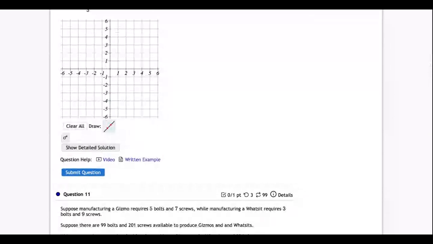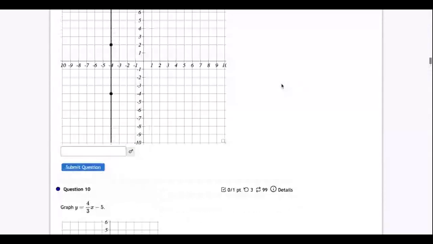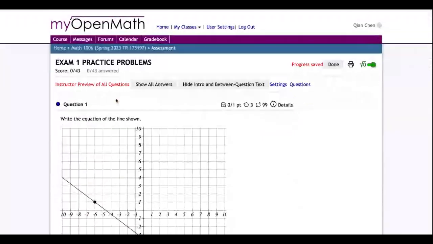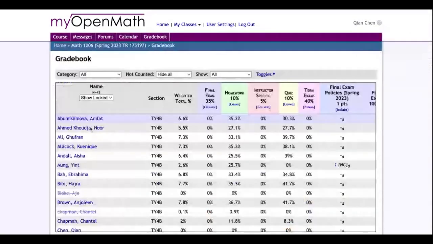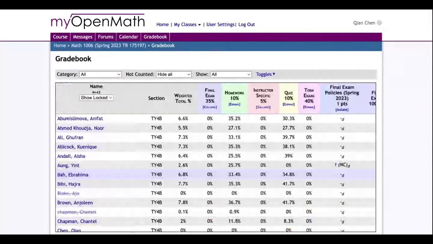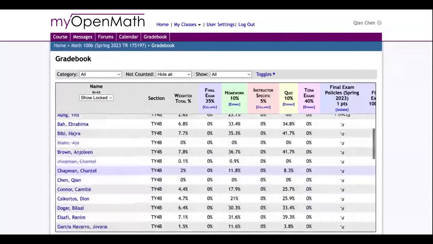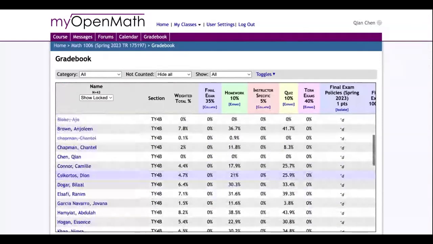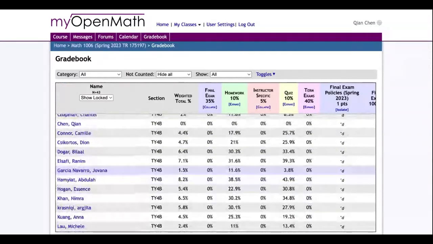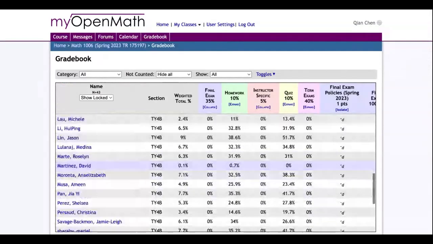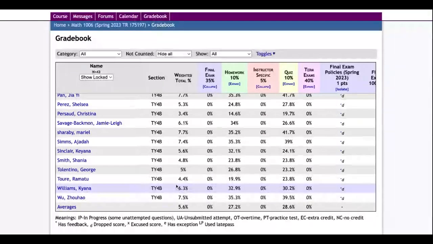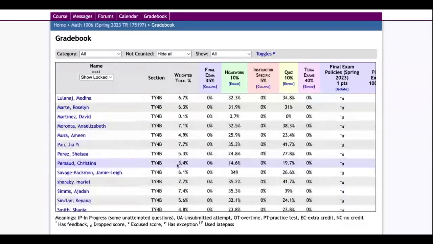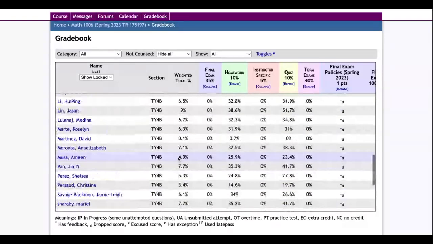Let's see my OpenMath, let's see the grades. If you have no questions, let's go back to check your homework grades. Let's see the grade book. Grade book weighted total. The highest one is 8 point something percent. So the rest of you are among 4, 5, 6, 7, 3, 5, 4.